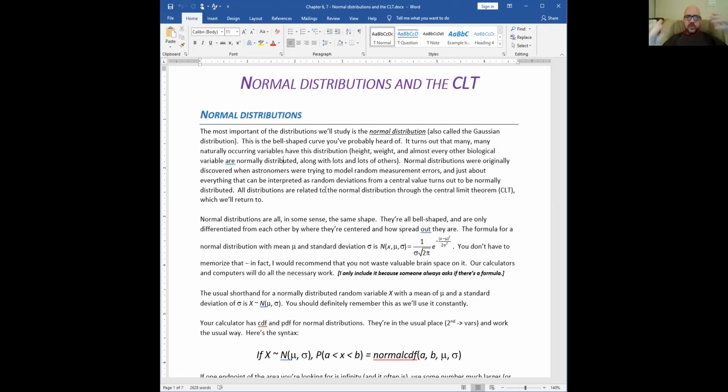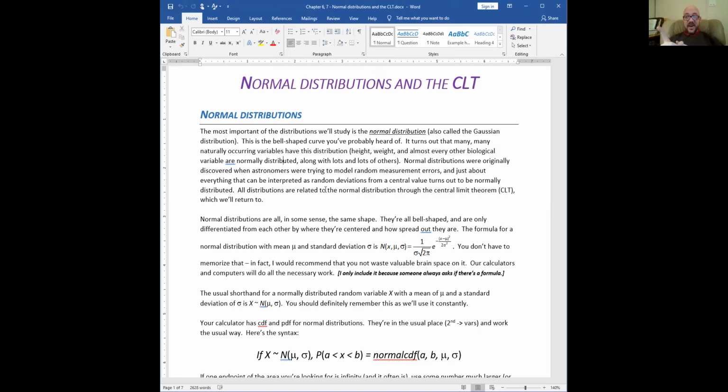So normal distributions are often derived from random errors from a central value. If you have random errors where you're more likely to be closer to the correct value, and a central mean, the thing you end up with is a normal distribution. And that's why they come up so much in nature.